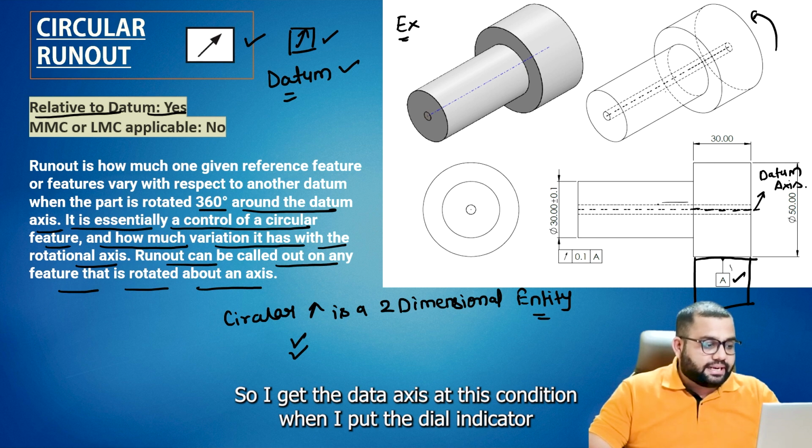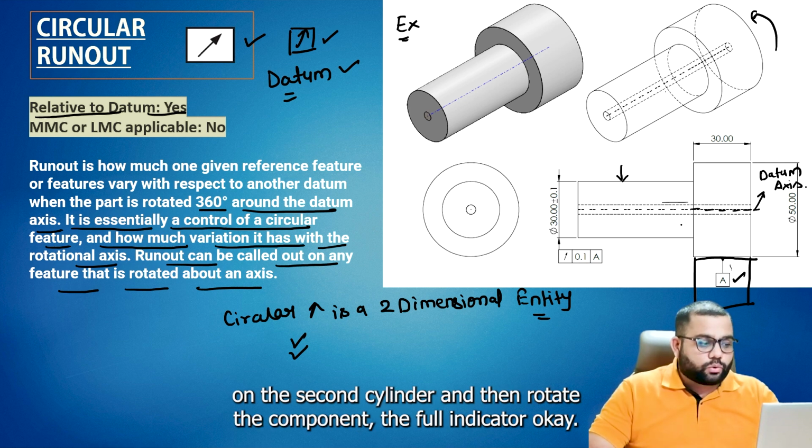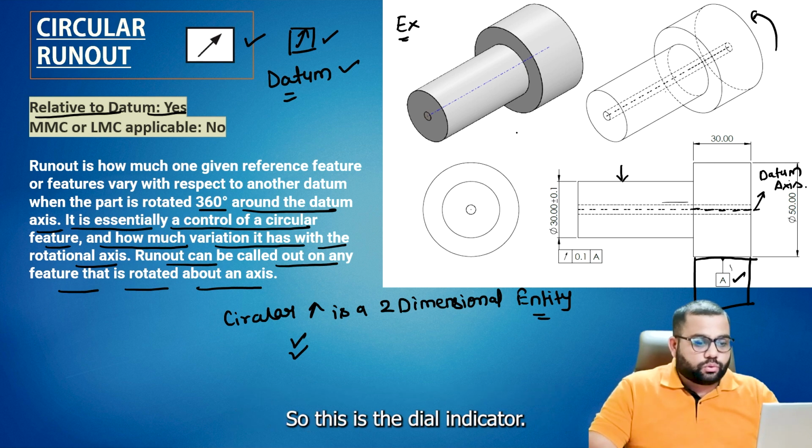When I put the dial indicator on the second cylinder and then rotate the component, the full indicator movement is read. This is a dial indicator.